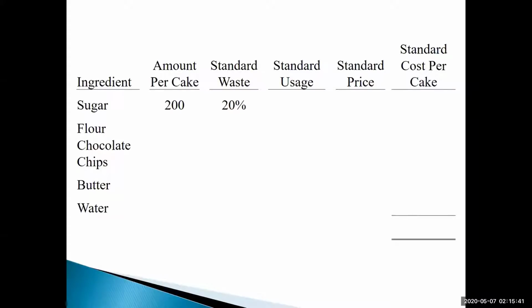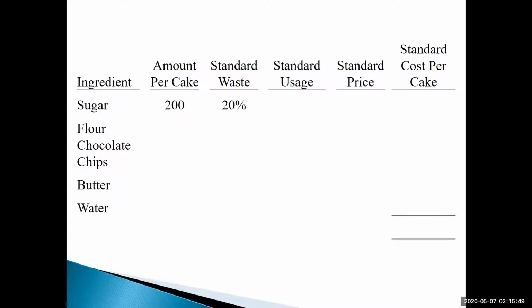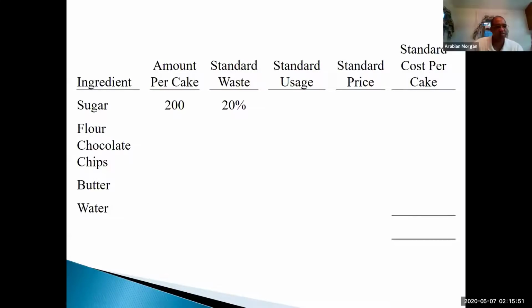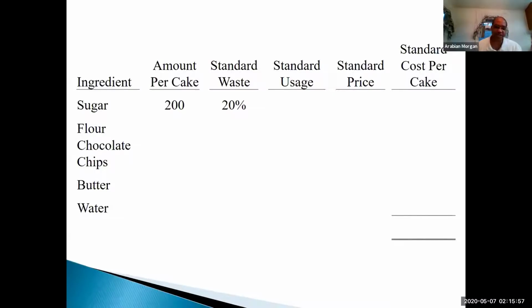So 200 ounces of sugar for only one cake. What is the percentage of sugar we used in one cake? Okay, so 200 ounces of sugar is not the percentage.